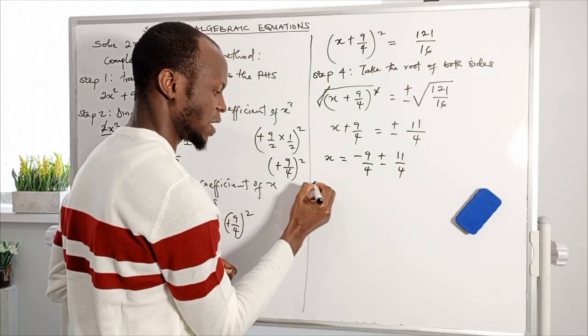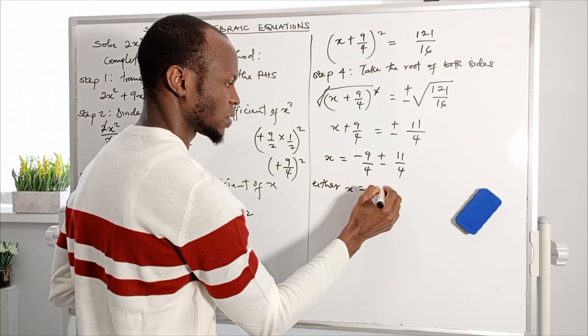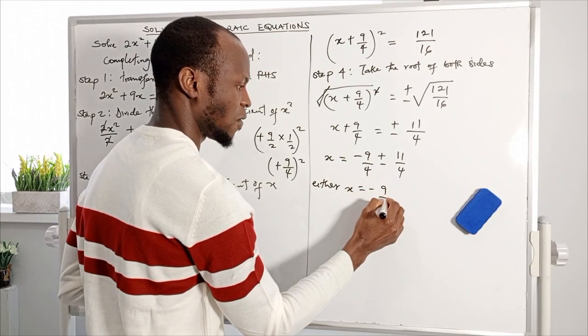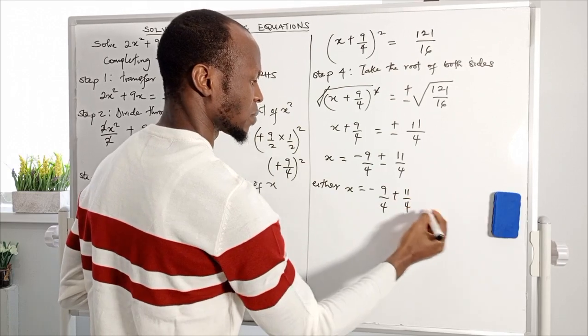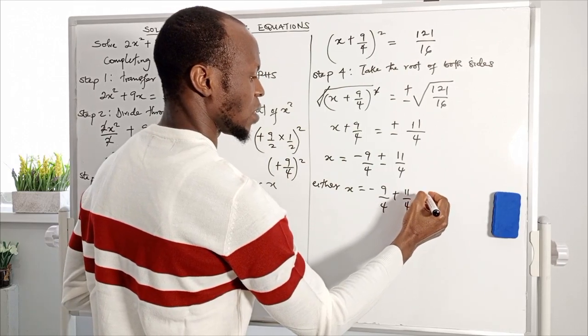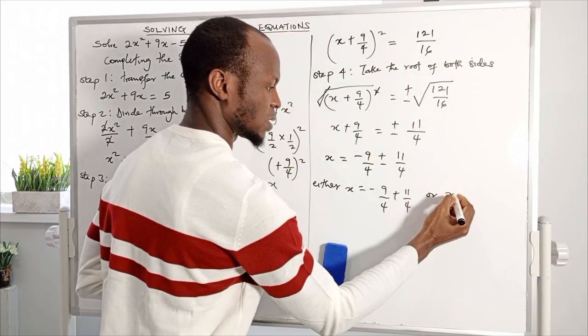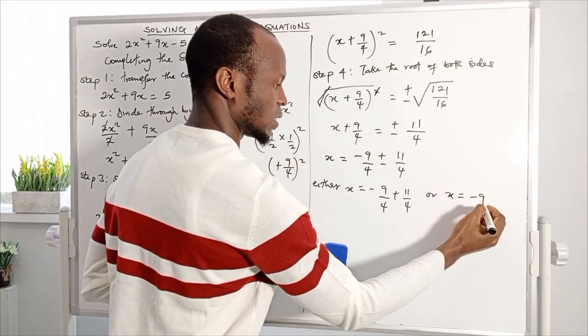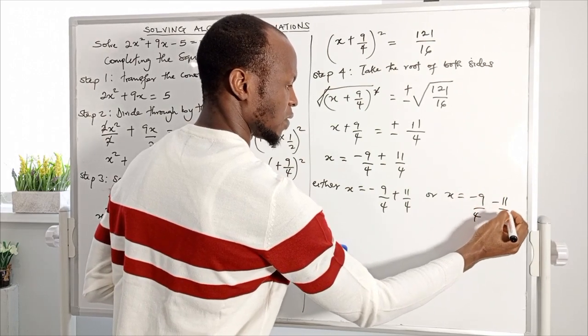That shows that either x equals minus 9 over 4 plus 11 over 4, or my x equals minus 9 over 4 minus 11 over 4.